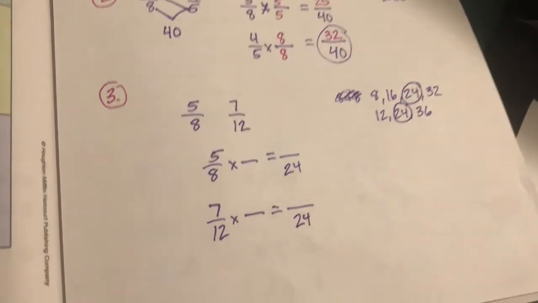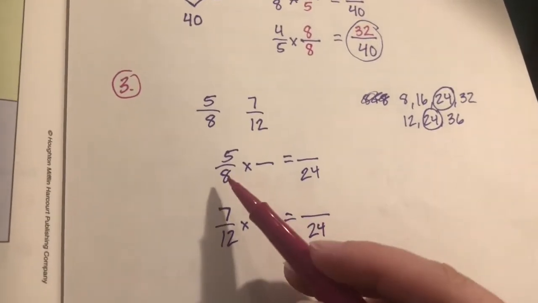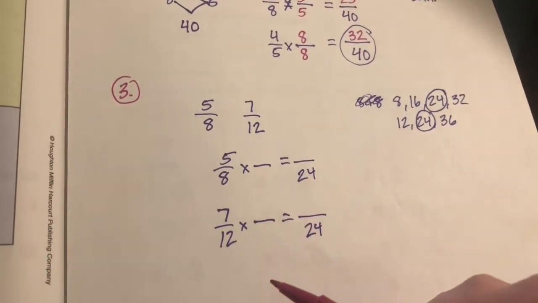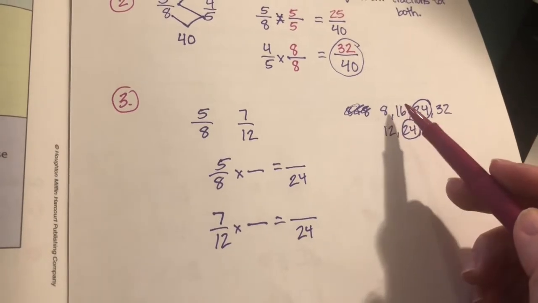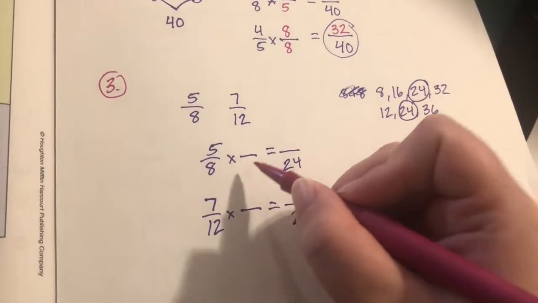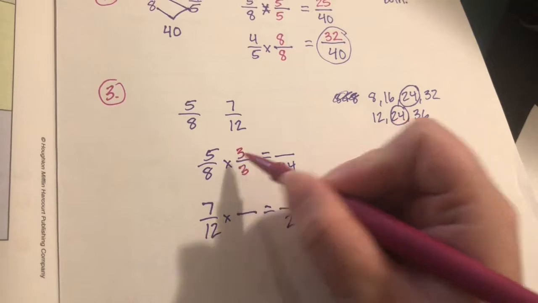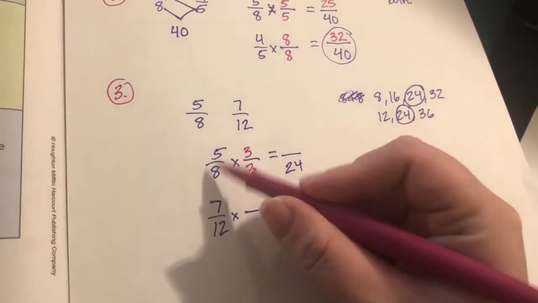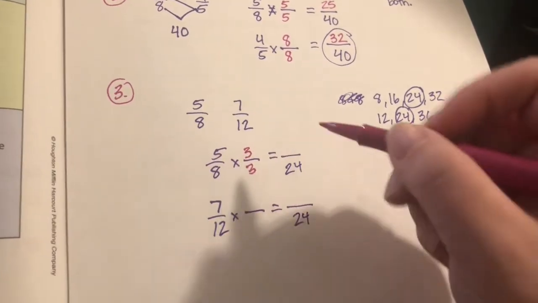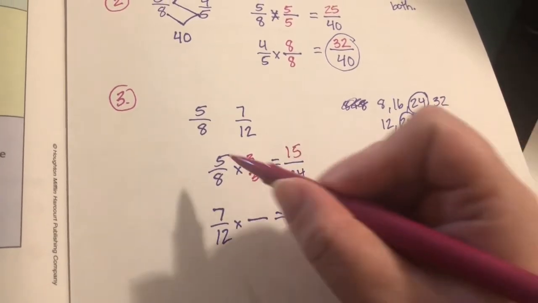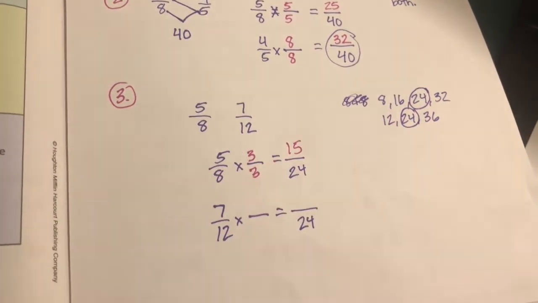So 8 times what gets me 24? 8 times 1, 2, 3 gives me 24. So my whole number is going to be 3/3. 5/8 times 3/3: 5 times 3 is 15. So 5/8 is equivalent to 15/24.